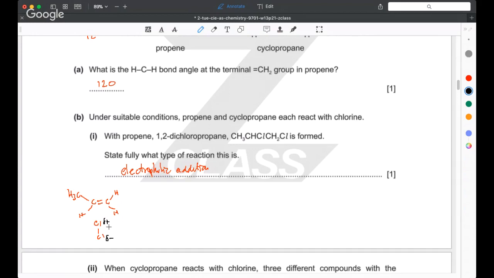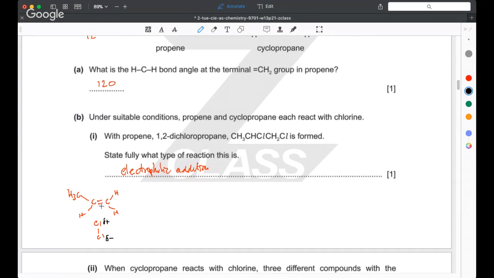And once that dipole is established, then you've got an electrostatic force of attraction between the positive dipole on the chlorine atom and the electron density in that carbon-carbon double bond. And so this is an electrophile for the electron density between the carbon-carbon double bond.